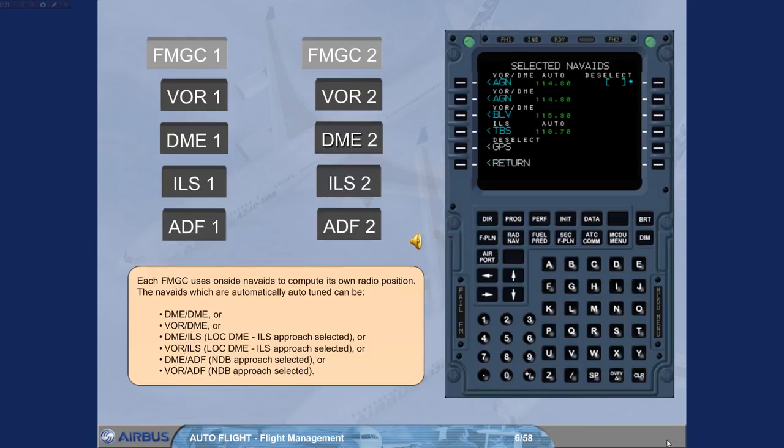Each FMGC uses on-side nav aids to compute its own radio position.